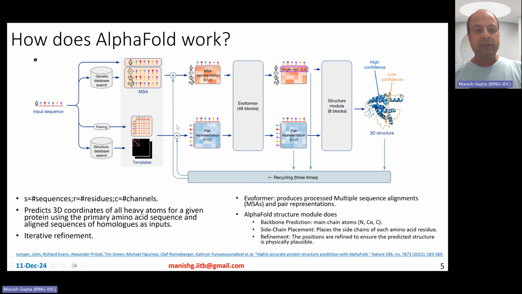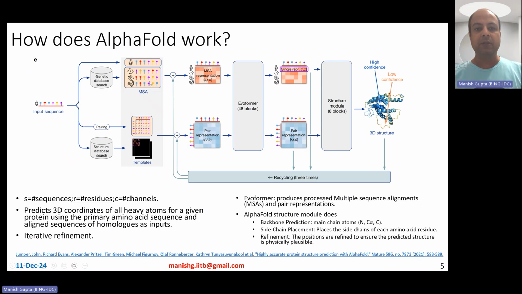AlphaFold mainly takes the input amino acid protein sequence as input. When the amino acids are a part of those proteins, they're called residues. Then it tries to search for similar proteins and similar sequences and uses them as extra input.